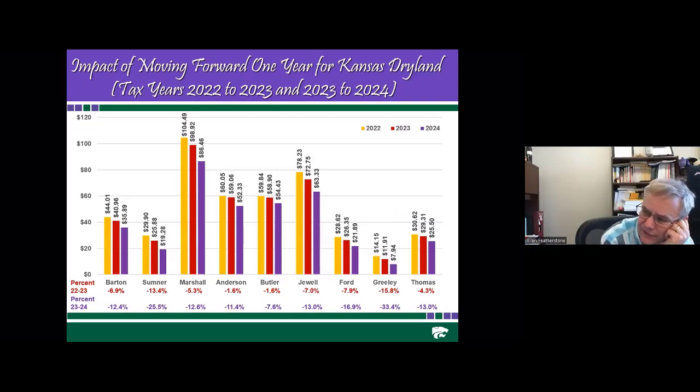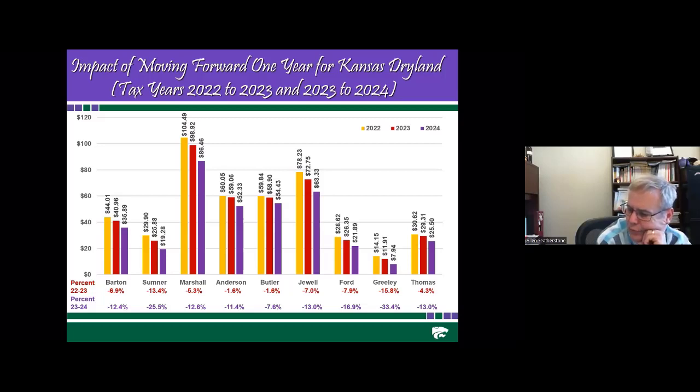In terms of looking at this, I picked a county out of each of the crop reporting districts to get an indication of what's going on with non-irrigated, irrigated, and pasture land. Essentially, you can look at the numbers in terms of what those were in 2022, the LNIs, and then how they changed in 2023 and 2024. From 22 to 23, there were drops in the LNIs.